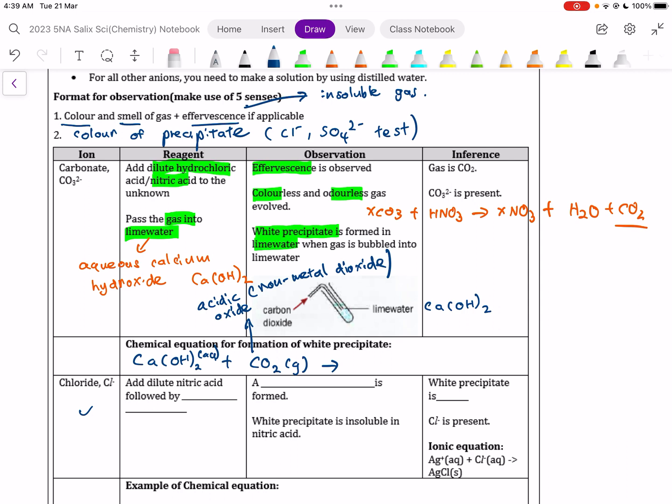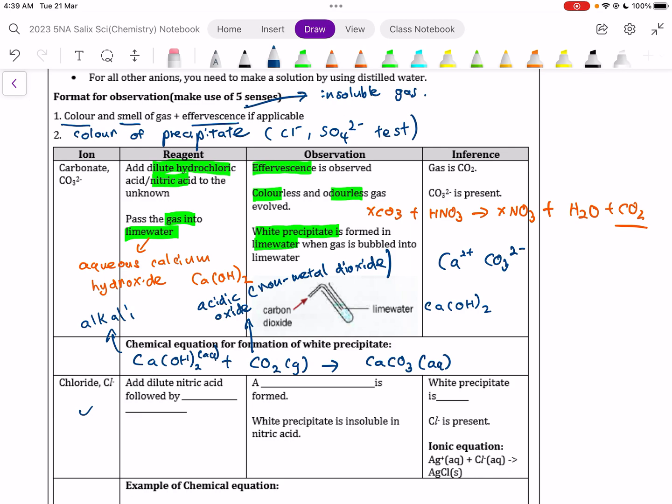So it's like an acid and alkaline reaction. This is an alkaline. Then you get your salt. Your salt is calcium carbonate. Why is the formula so? Because calcium is from group 2, and carbonate is CO3 2 minus.